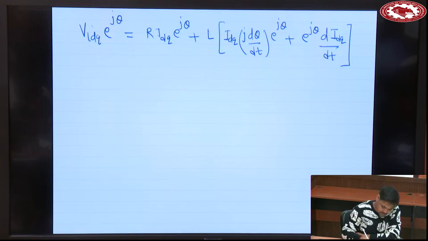Making sense? Plus Vg dq e to the j theta. Now you can cancel this theta term. It is everywhere.